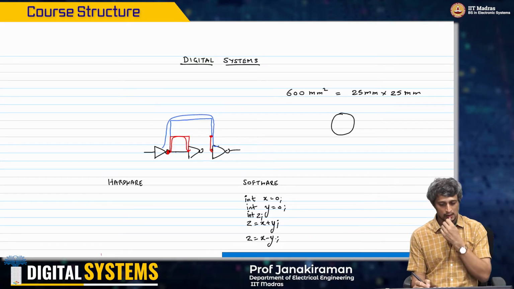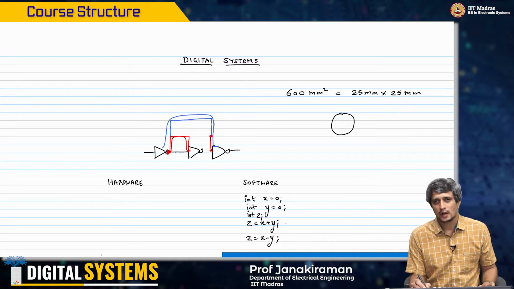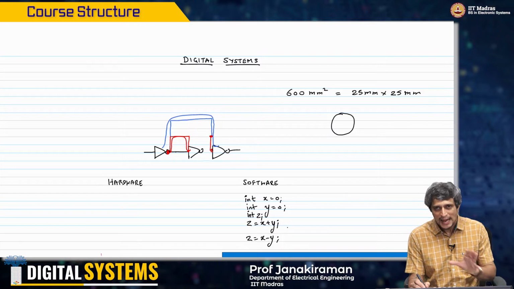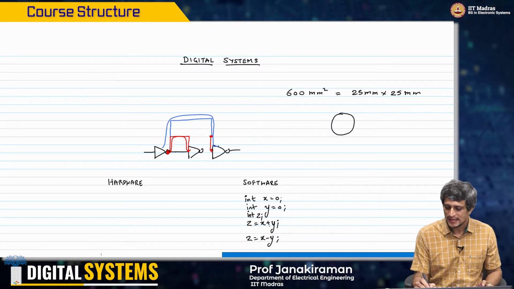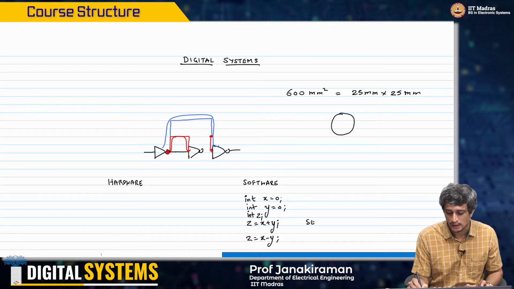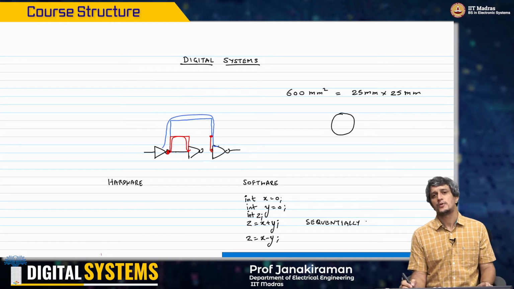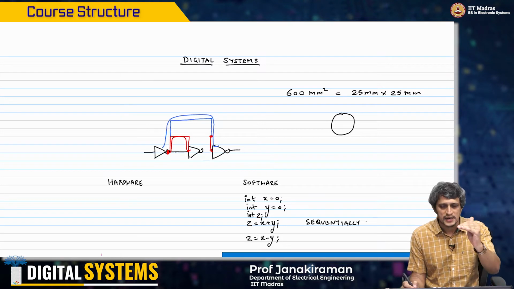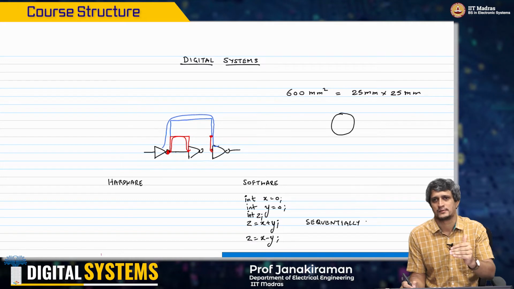The way C programs are written and executed in a microprocessor, these statements are executed sequentially. That means z equal to x plus y is done first, z equal to x minus y next.